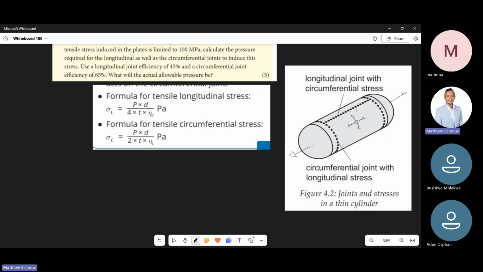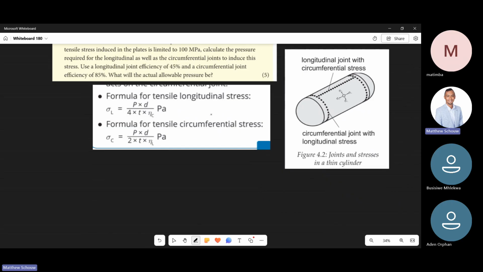Whereas the circumferential stress wants to split it the other way, as you can see over here, and the joint keeping those two plates together is the longitudinal joint. So that's a very important concept. When you're dealing with the stresses, be cognizant of the fact that the longitudinal stress is coupled with the circumferential joint efficiency, and your circumferential stress is coupled with the longitudinal joint efficiency. I hope that's clear to everyone.